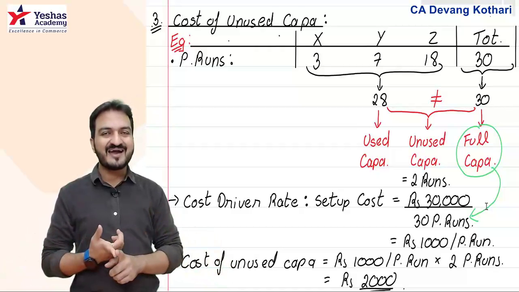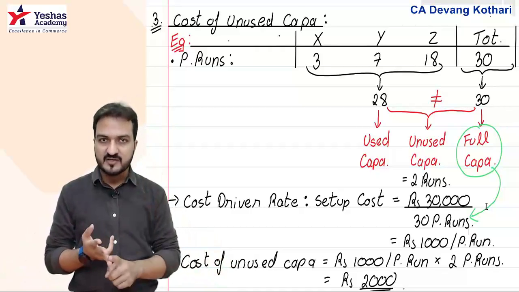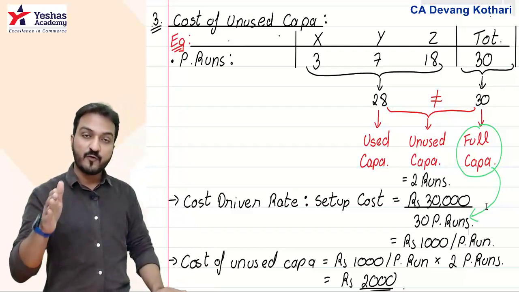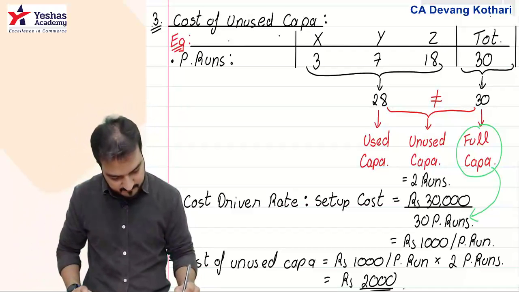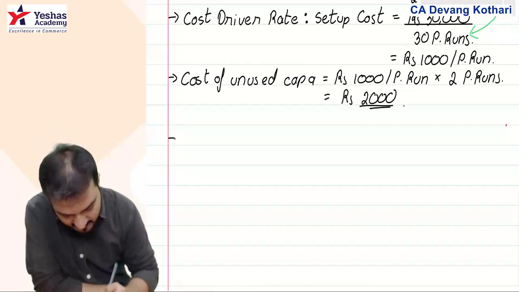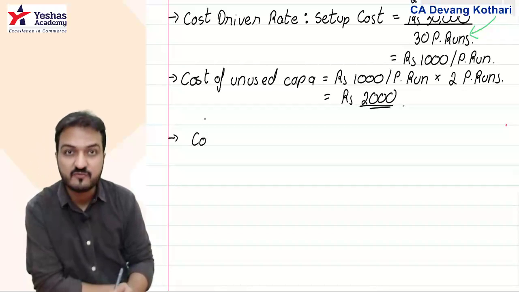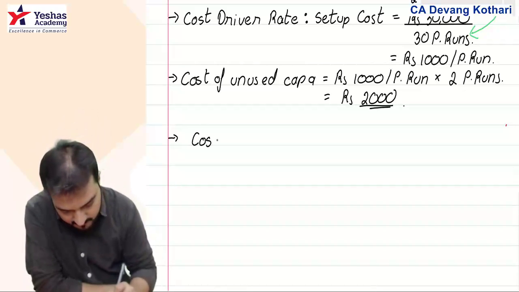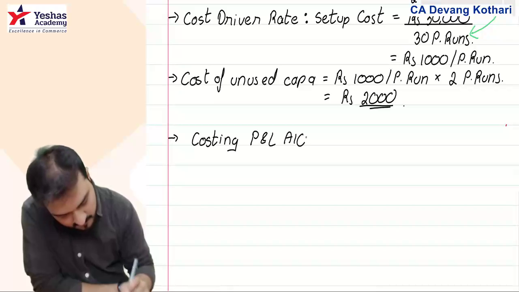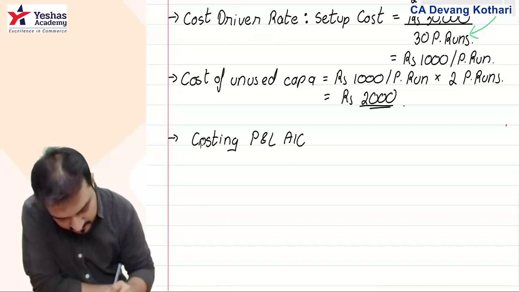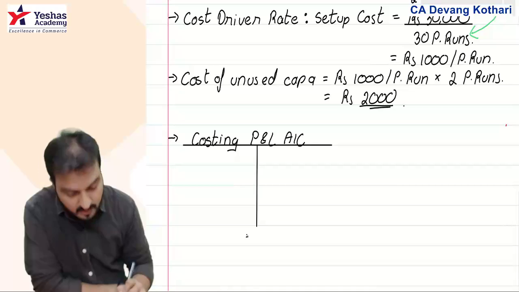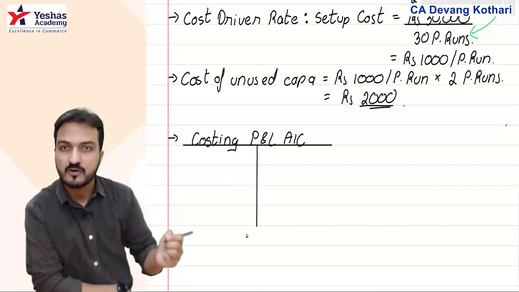The overhead costs added to product X, product Y and product Z will eventually go to your COP. From COP you will find cost of sales. So ultimately when you make your P&L account, in costing we call it the costing P&L account.